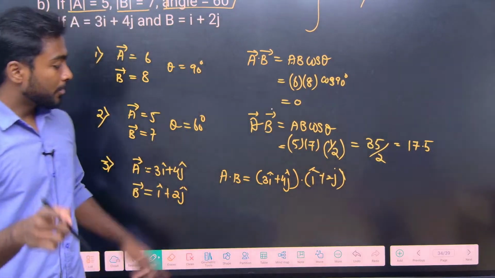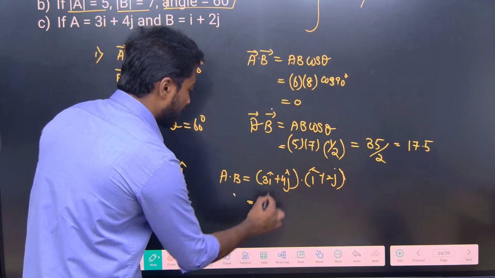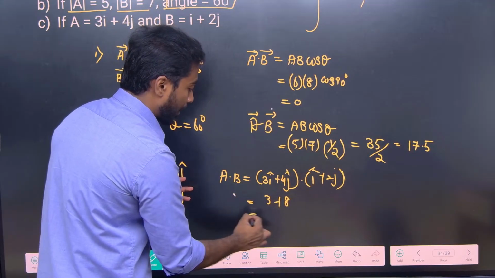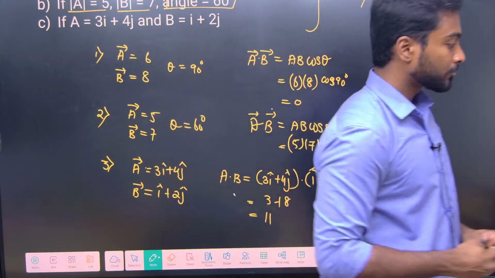What did I tell? Just multiply the i cap, multiply the j cap, and add it. 3 ones are 3, 4 twos are 8. So 8 plus 3 is 11. 11 is the answer. Yes, it's correct.